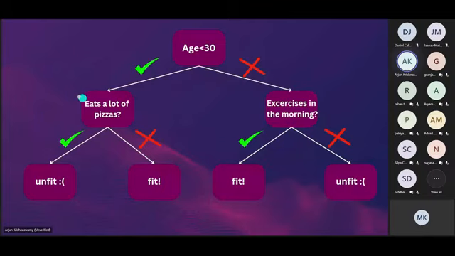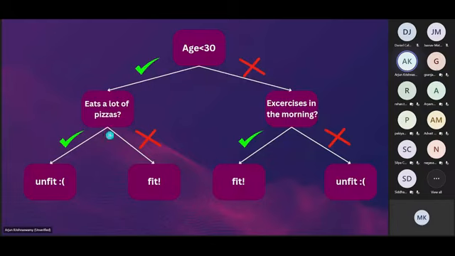So, this simple decision tree is used to classify if a person is fit or not. The very first question we ask ourselves is, is the person aged less than 30 or more than 30? This is the very first statement, the if-else statement. And if this is true, we ask another question, if a person eats a lot of pizzas or not. And if that is true, then he's classified as unfit.